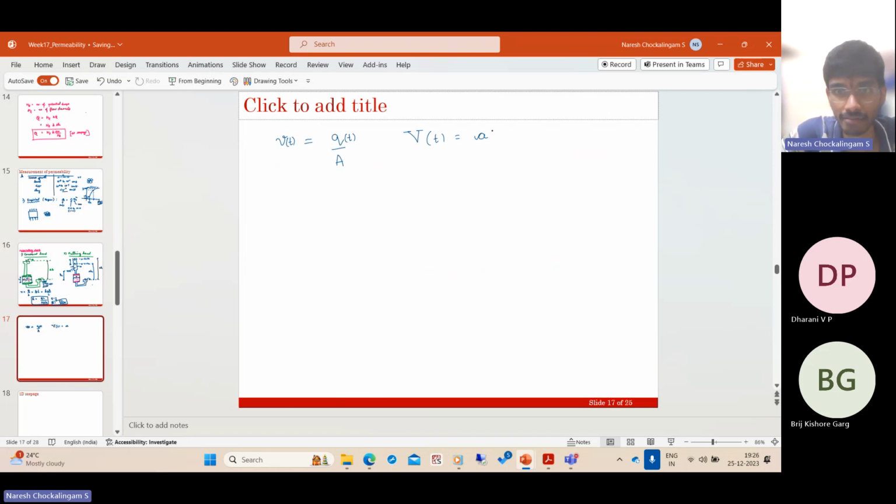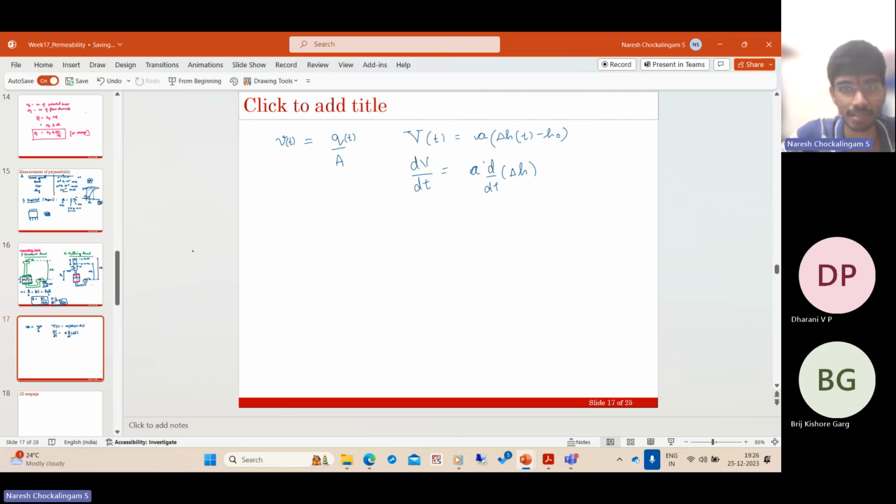So it is nothing but a into the head difference minus H naught. Now, what is dV by dt? The rate at which the volume changes is nothing but, a is constant, this varies. This becomes d by dt of the head difference. H naught is a constant.